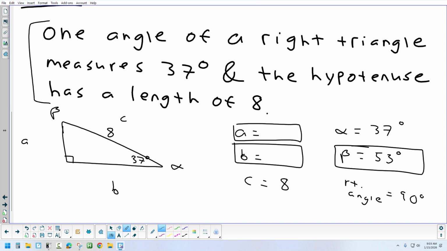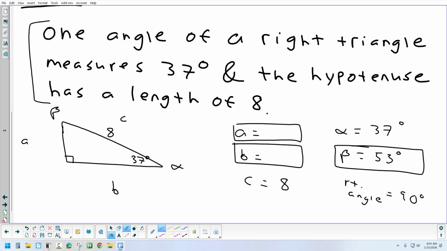Does it really matter? Well, it does matter. It's important. I would definitely use the 37. Anyone convince me why I would want that over the 53? Is it because it's adjacent to the 8? Nope, it doesn't have to do with its position anywhere on the triangle.